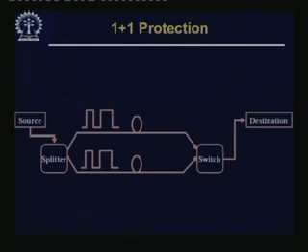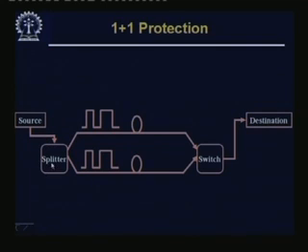So, this is an example of 1+1 protection. You have the source on the left, and then you have the destination on the right. What you can see is that from the source, the signal is coming to a splitter.